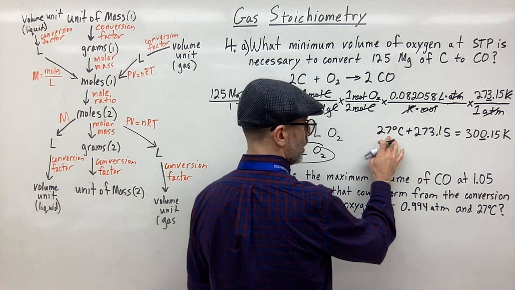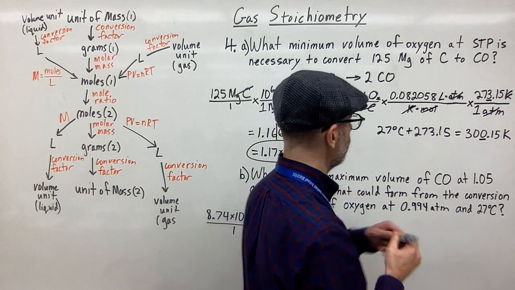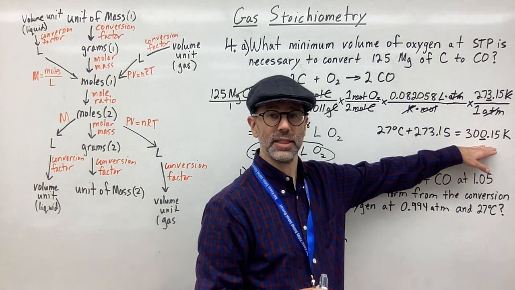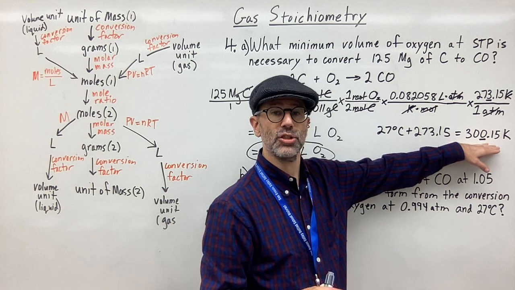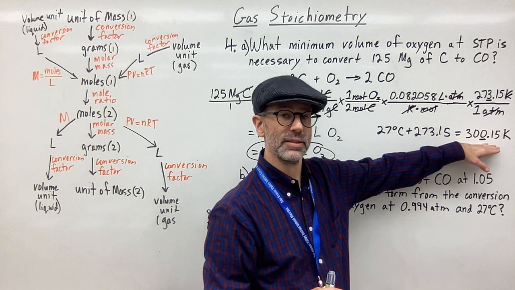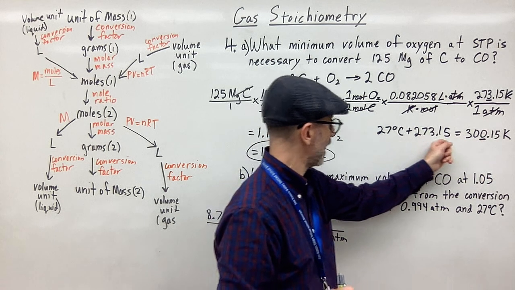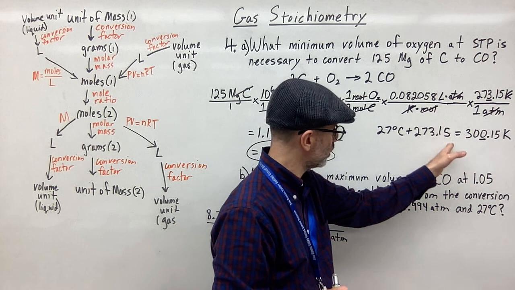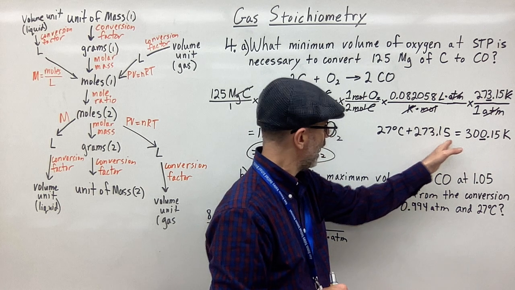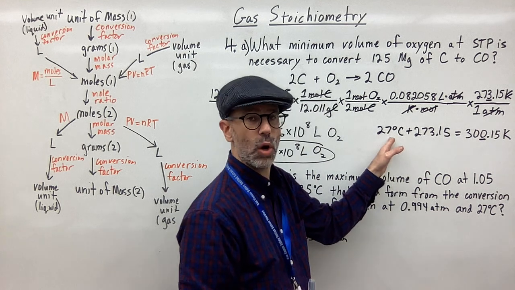So we have the ones place. So remember, when you're adding and subtracting, the number of digits you keep is going to be related to the least number of decimal places. So here, the last digit is in the 100th place, and the last digit here is in the ones place.